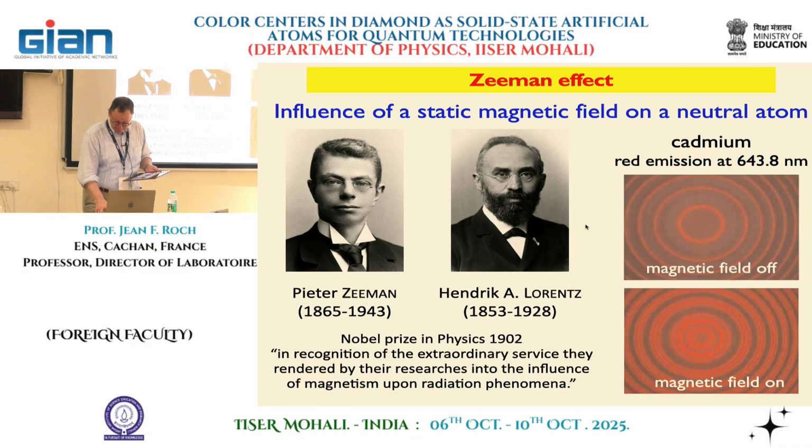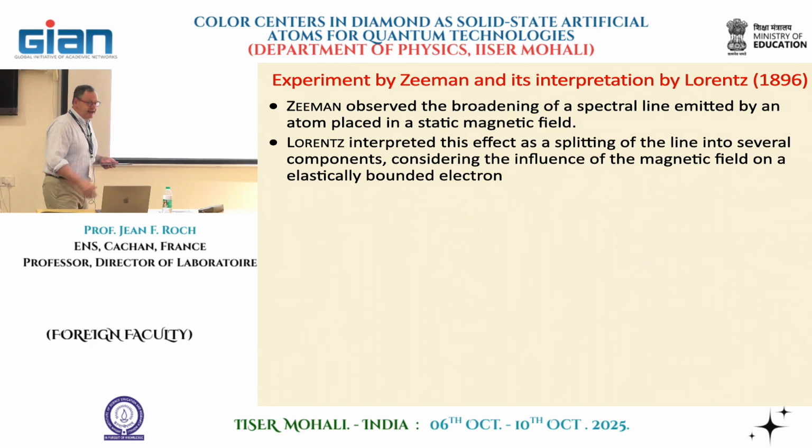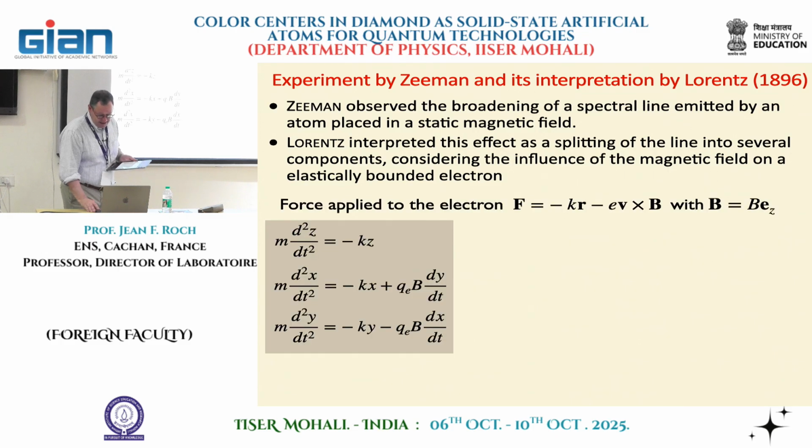Lorentz explained that. Of course, this was far before the advent of quantum mechanics, so we just considered the influence of the magnetic field on an elastically bound electron in the system, the famous Lorentz model of the atom.